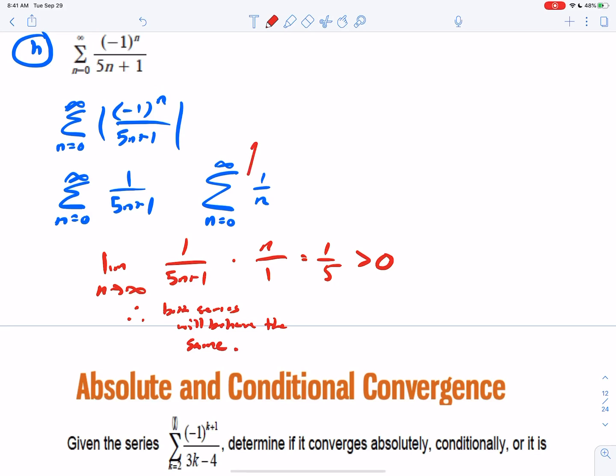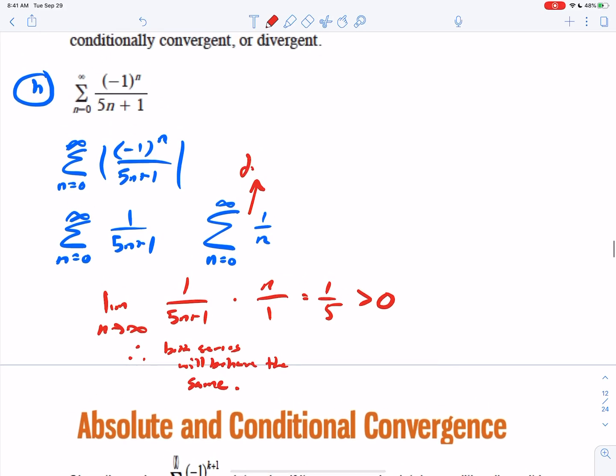Okay, so back to that previous point. We know that this is harmonic, so this will diverge since it's harmonic. Okay, so then we know that this has to diverge as well, right? Diverge by limit comparison test, since they have to behave the same.